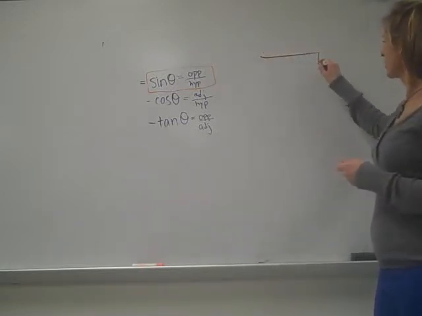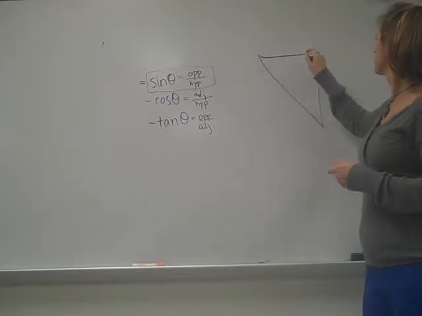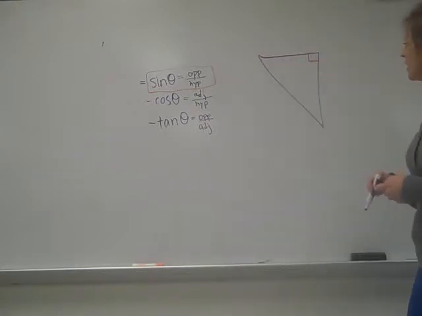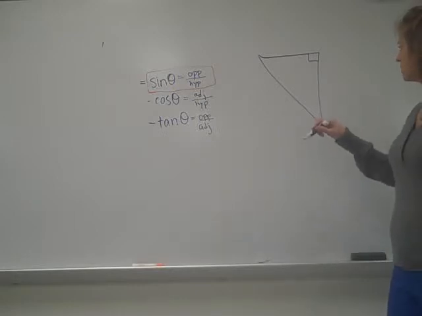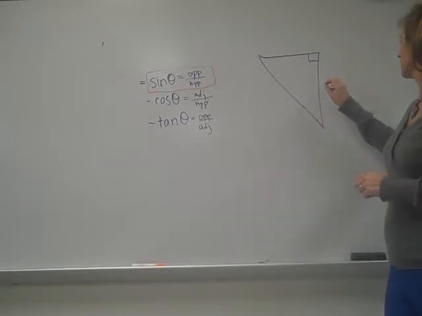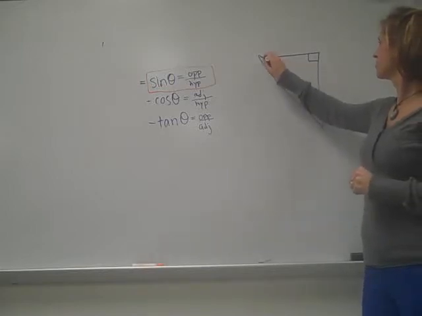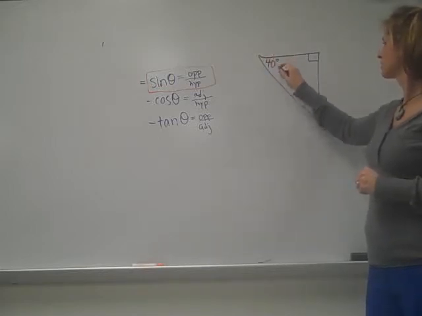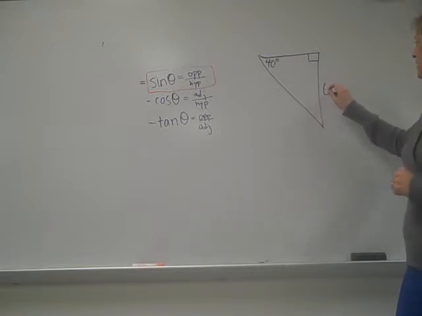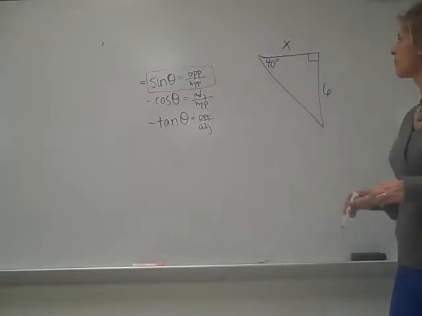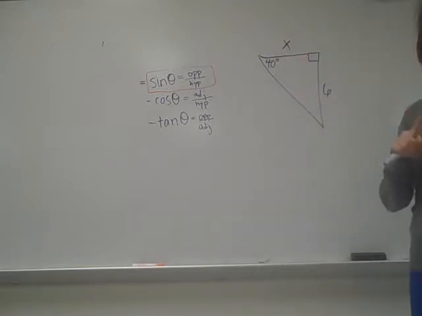All right, let me turn the triangle around. And let's say I have this is 40 degrees, and this is 6, and this is x. So step 1, it's a right triangle. Good.